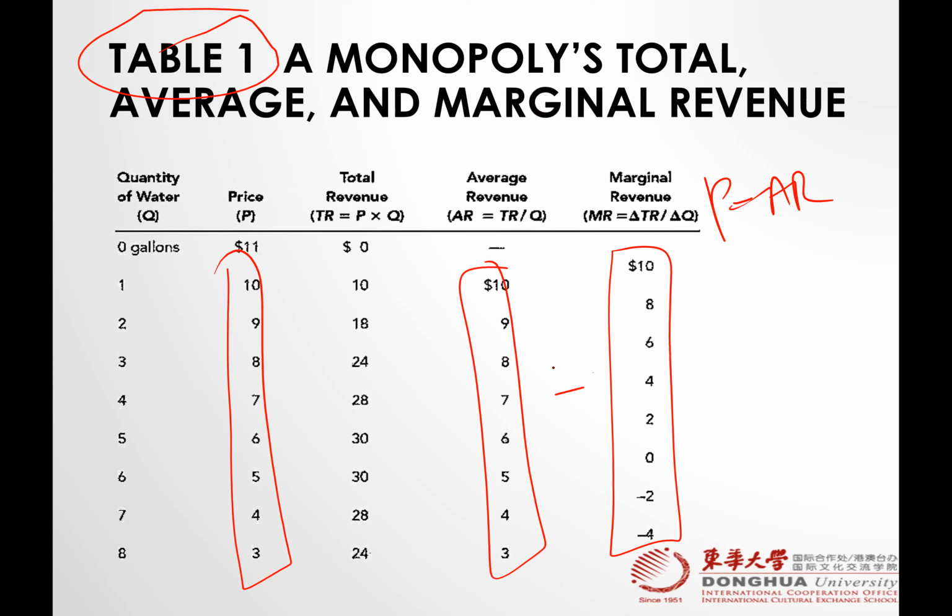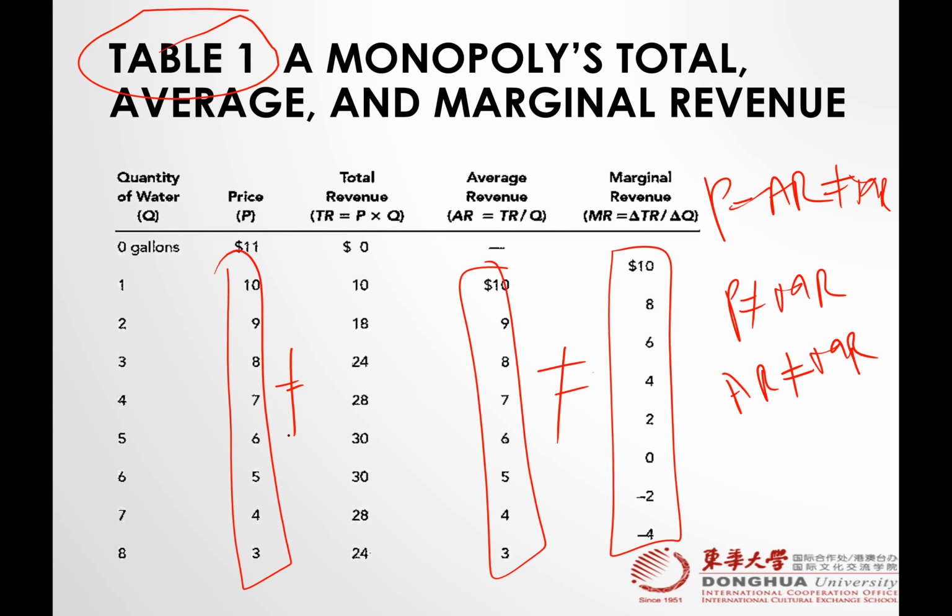It is not equal to MR, which means price is not equal to MR and average revenue is not equal to MR, right? Plus, MR can be negative. Amazing. Your marginal revenue can be negative. So the additional product you sell here is actually eating into your total revenue, right?